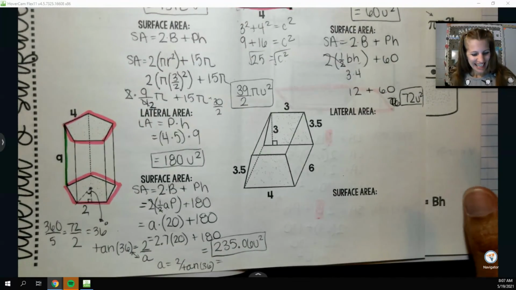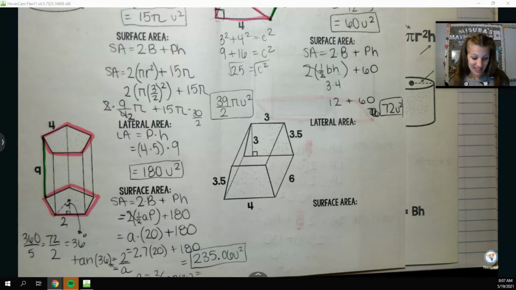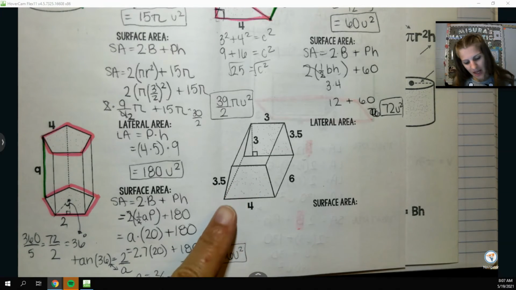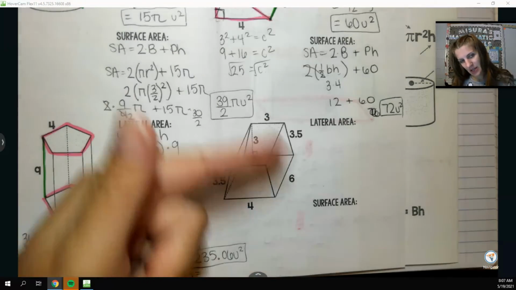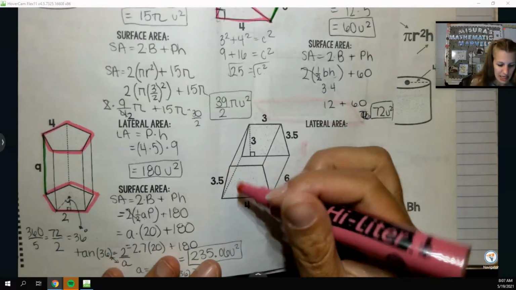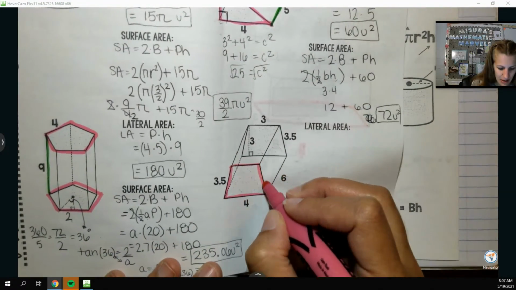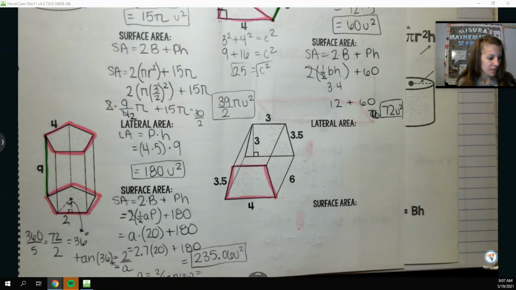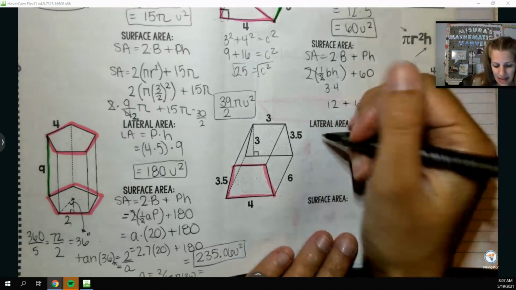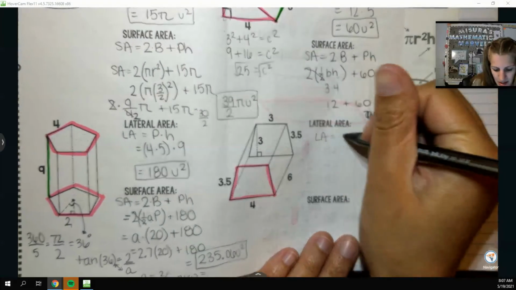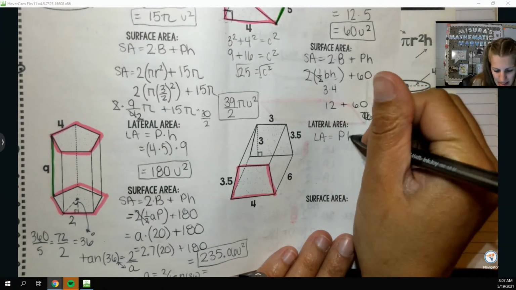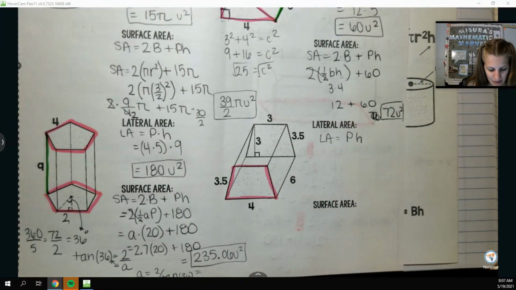Never. Okay, last one. So on this last one, I noticed that we have 2 trapezoids. So the trapezoids have to be my bases. We're going to find the lateral area first. We're going to do perimeter of the base times the height.